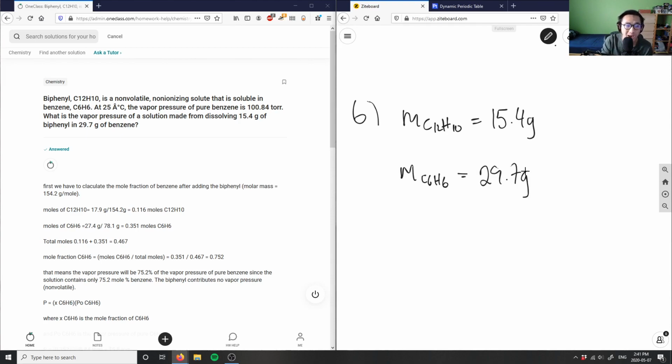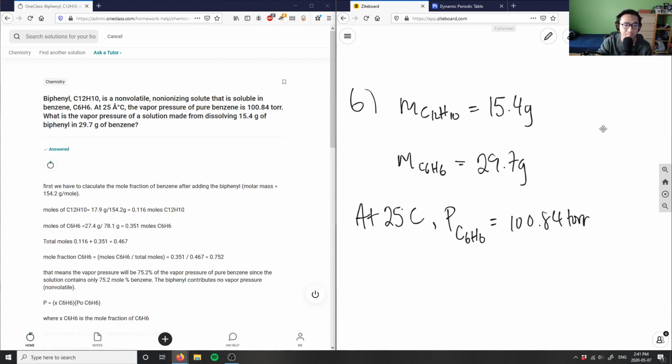I'm given that at 25 degrees Celsius, the vapor pressure P of pure benzene, C6H6, would equal 100.84 torr. And it's asking us what is the vapor pressure of a solution if we dissolved both of these.